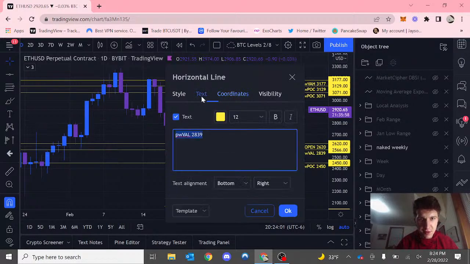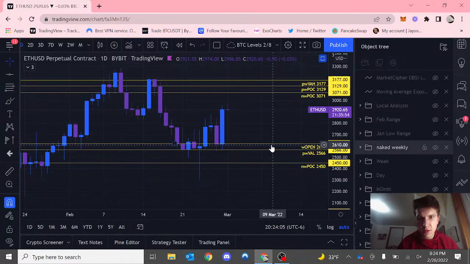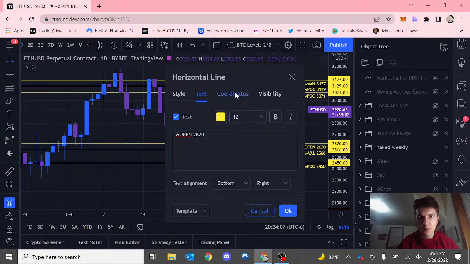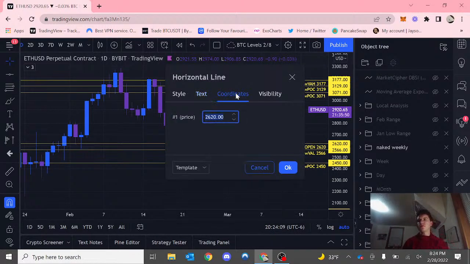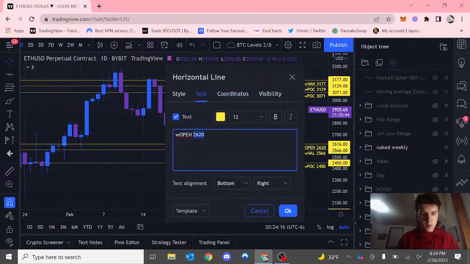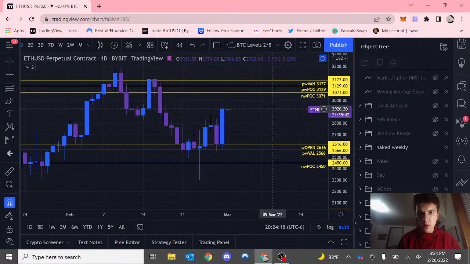Shift them way down. 2616. Okay, that didn't change too much.